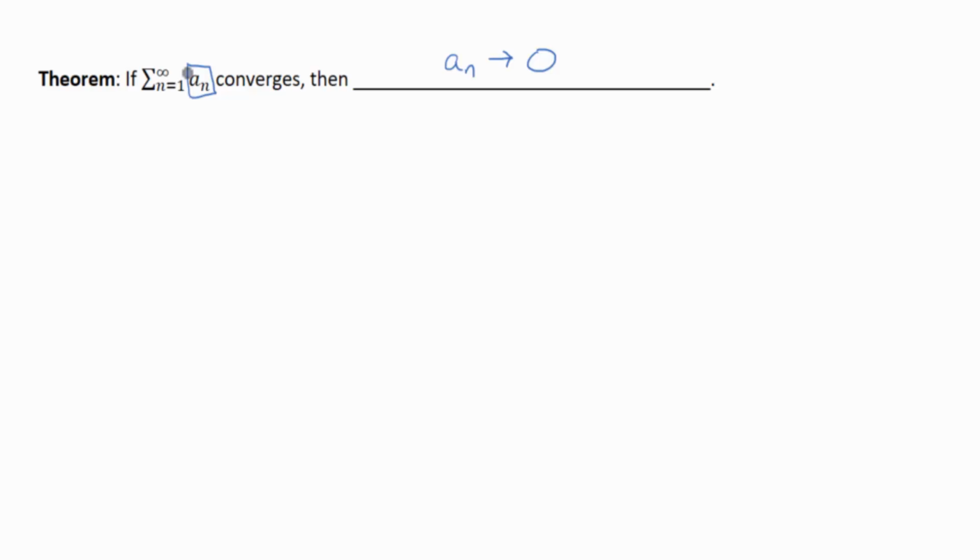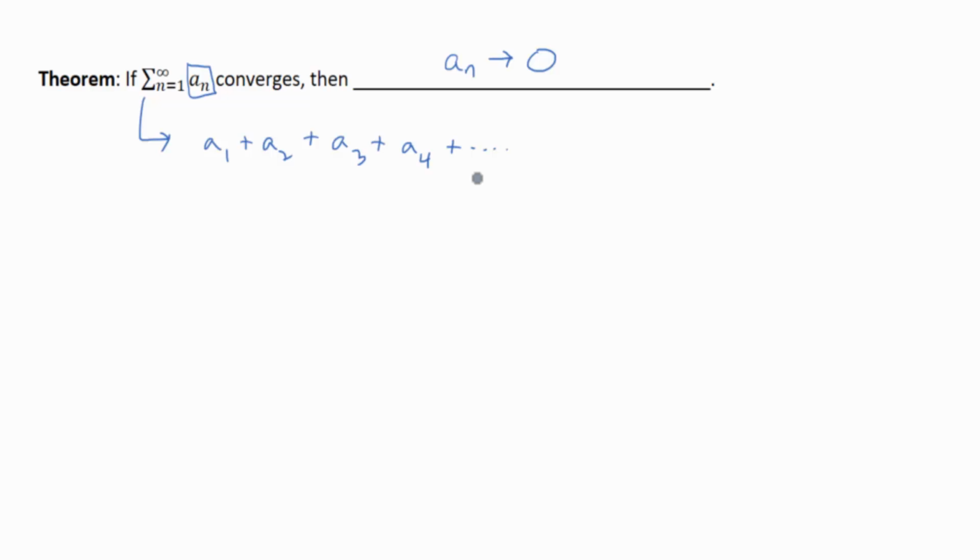So what are we saying, what are we not saying? Okay, if this series converges, then a sub n has to converge to 0. If you're summing, remember what this notation means. It means a1 plus a2 plus a3 plus a4 plus ... on forever and ever and ever.